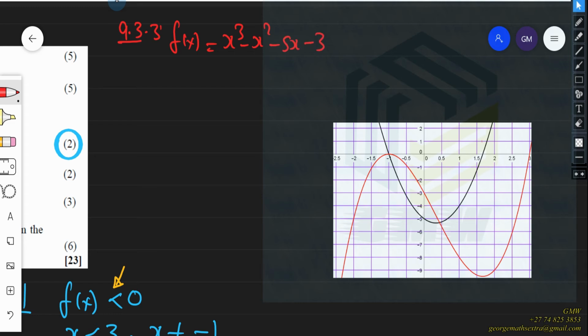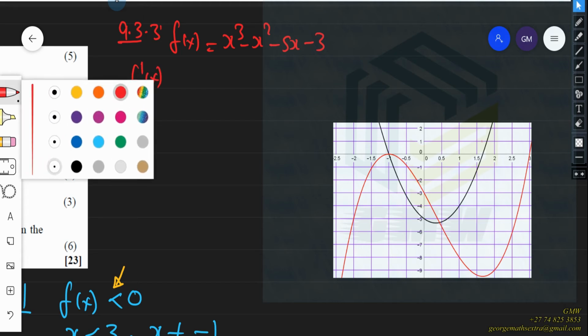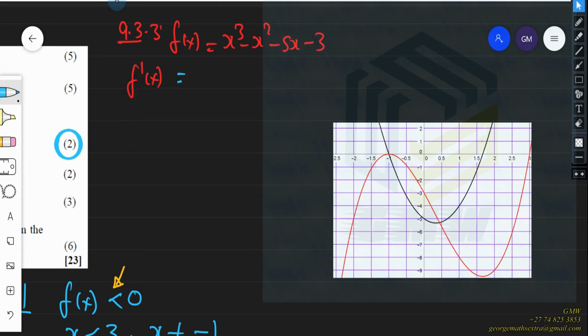Now at this point, we need the first derivative. So the first derivative is equal to 3x squared, 3 comes down, then minus 2x, then minus 5. If you differentiate a constant, like I said, you get 0. But at this point, we need a second derivative. We are going to get 6x minus 2 as our answer.